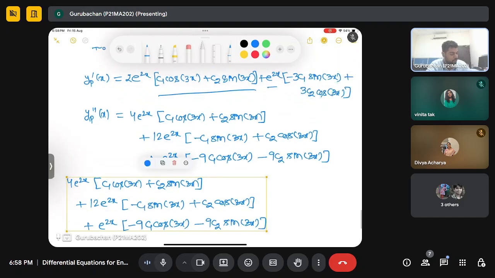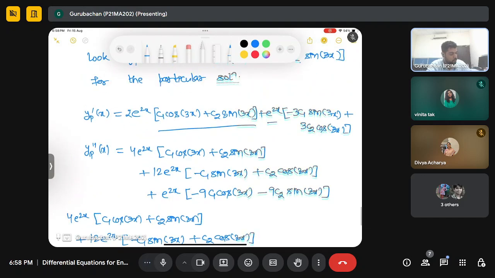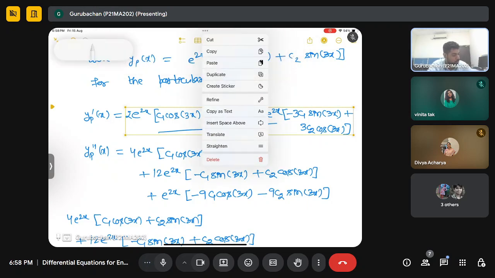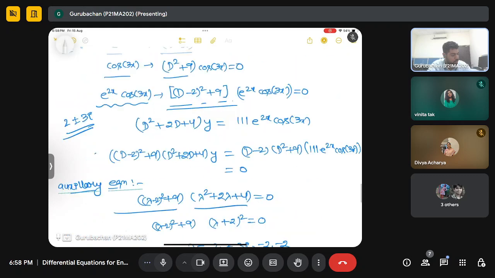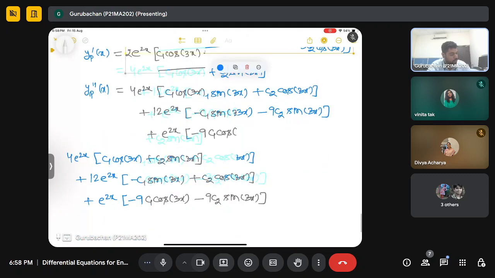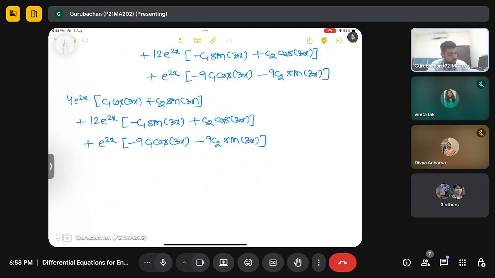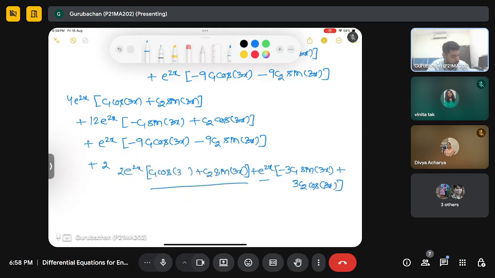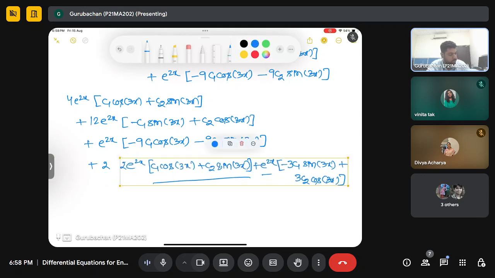Next, we have to put this yp dash, and this has been multiplied by plus 2. So here it will be addition of 2 times the whole of this.